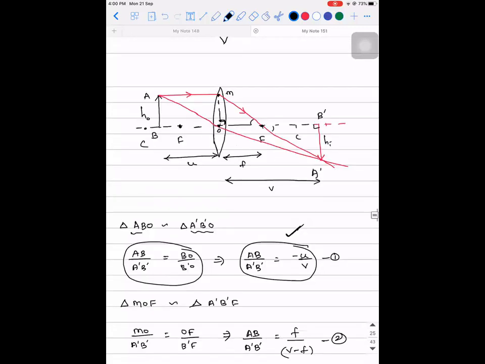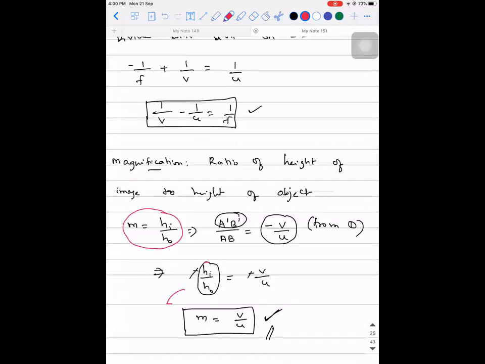Minus and minus will get cancelled. HI divided by H naught is the definition of magnification. So magnification will be equal to V divided by U. Okay, sir.